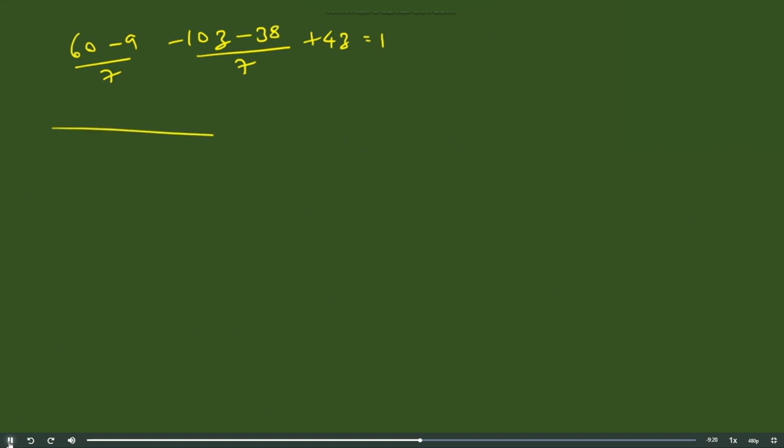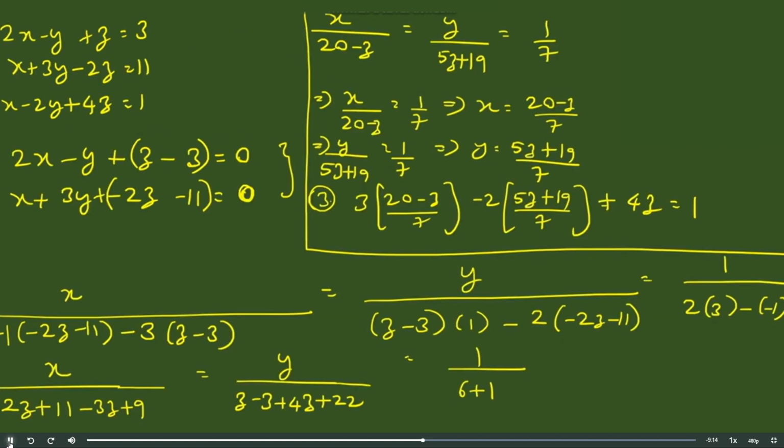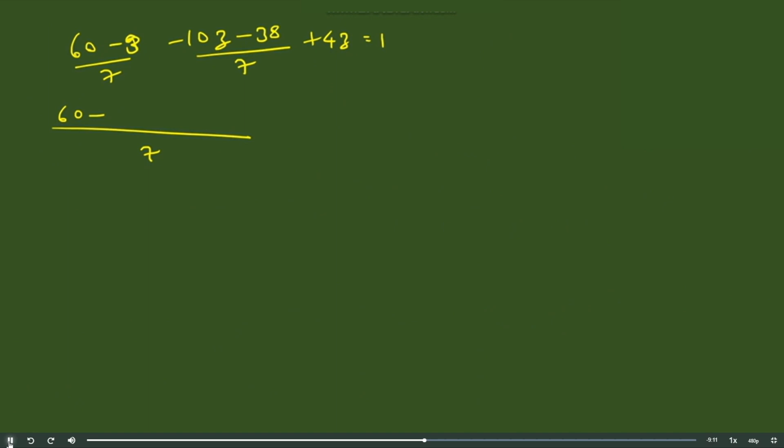Now I'll take the LCM here. Sorry, this is 3z. 60 minus 3z minus 10z minus 38 plus 28z is equal to 7.